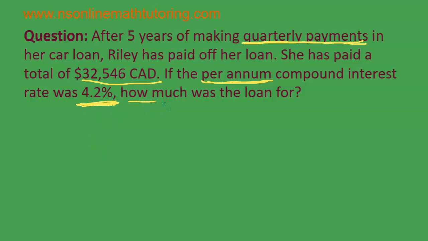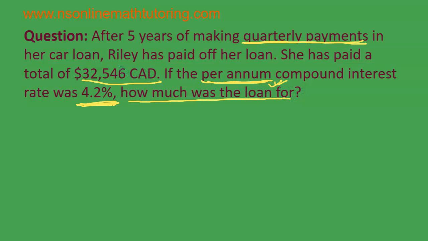How much was the loan for? This is exactly similar to the previous question. Over here, they are asking how much did Riley get at the beginning, because the money that she had received as the loan, she did not pay the same amount. She had to pay something more, some part more as the interest.